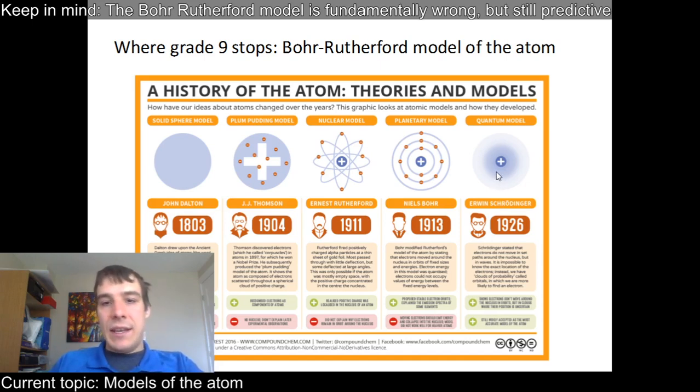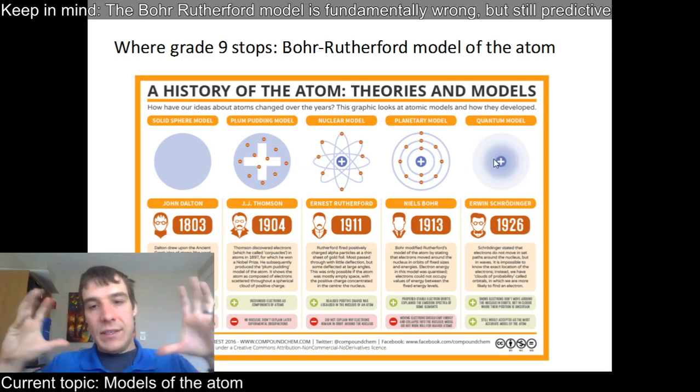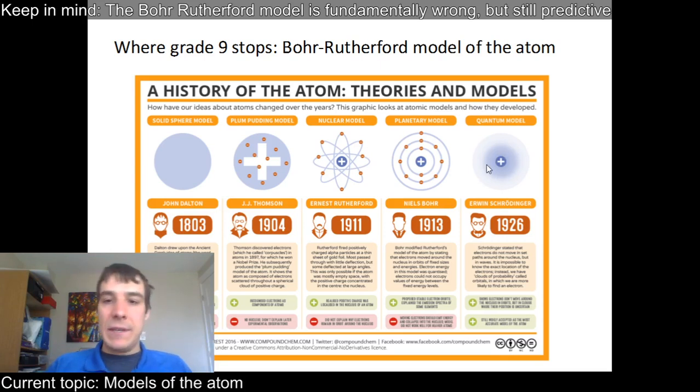And it suggested that the electrons are actually in this cloud of probability, and they don't actually exist in one specific place at one specific time. They just form this cloud of probability around the nucleus, and the shape and size can be determined mathematically.